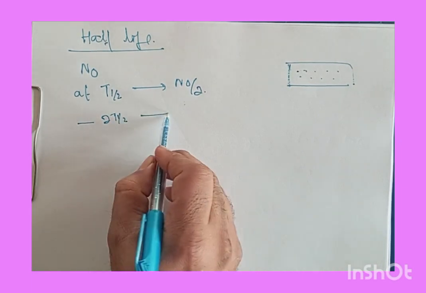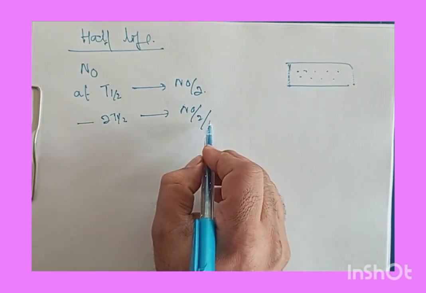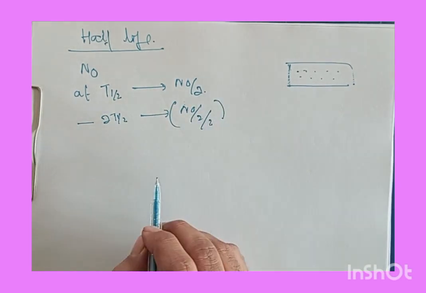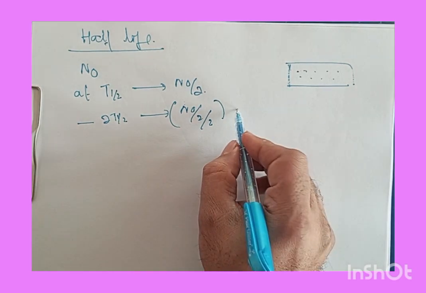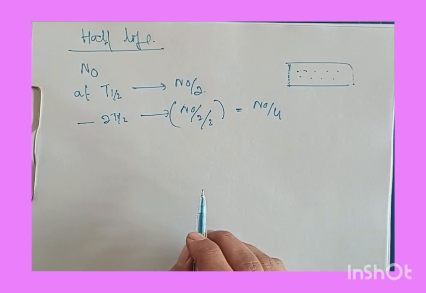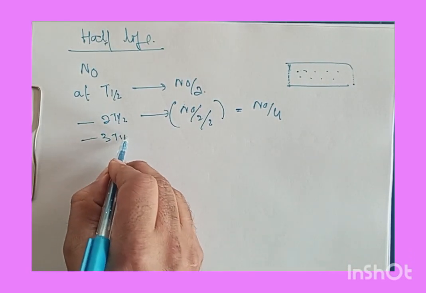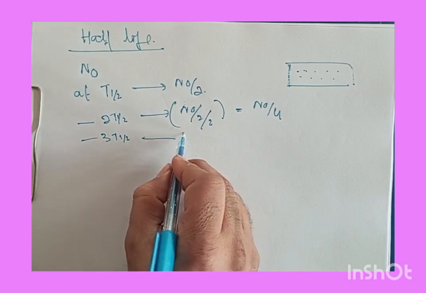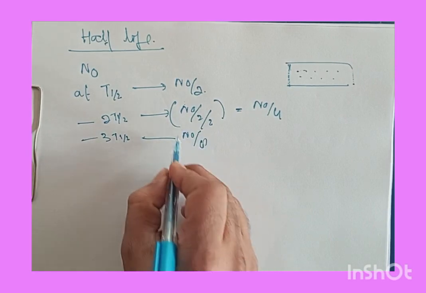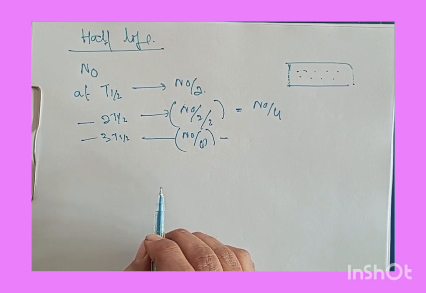Now, if I go with 2 times t half, what will happen in this case? We will have N naught by 2 by 2 radioactive nuclei which will remain undecayed. So it will be N naught by 4. And after 3 times t half, we will have N naught by 8 undecayed radioactive nuclei.